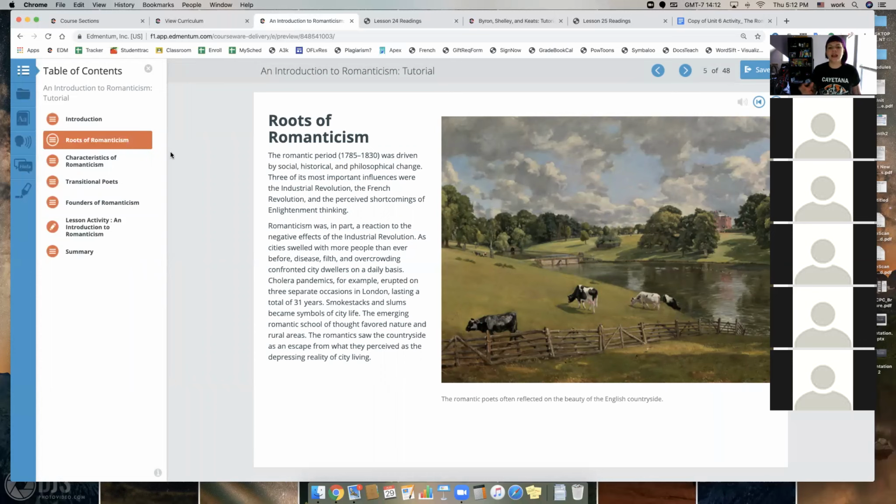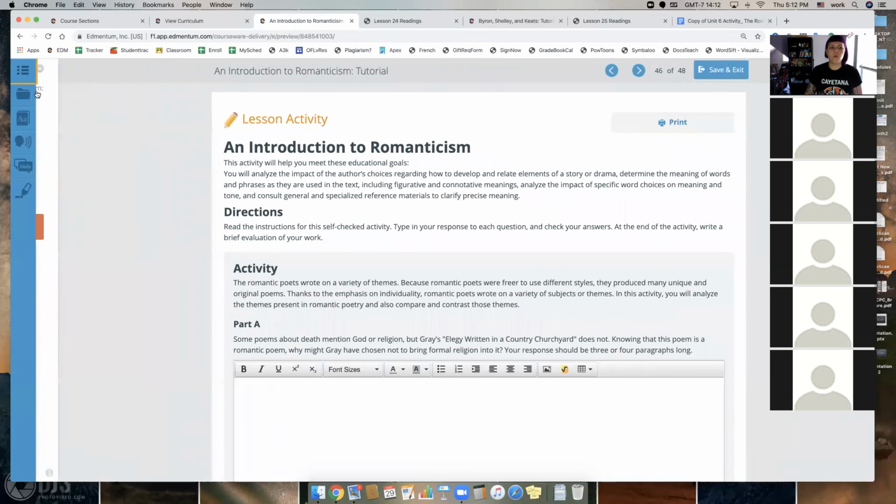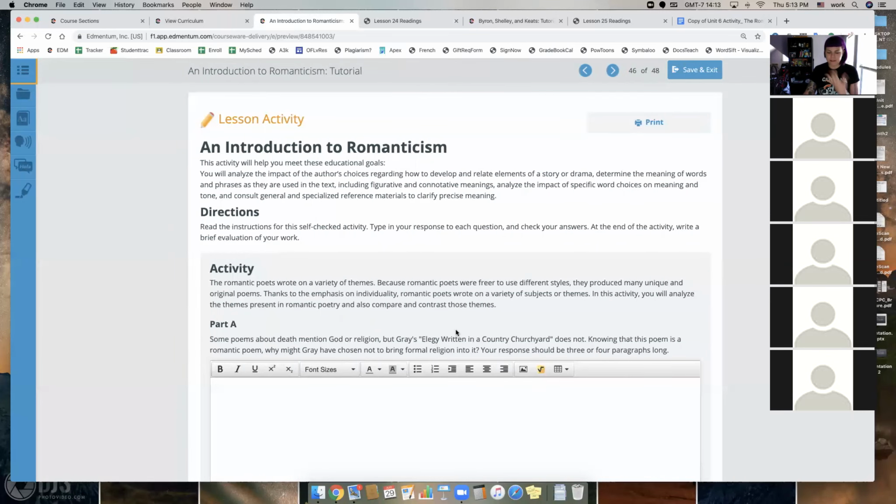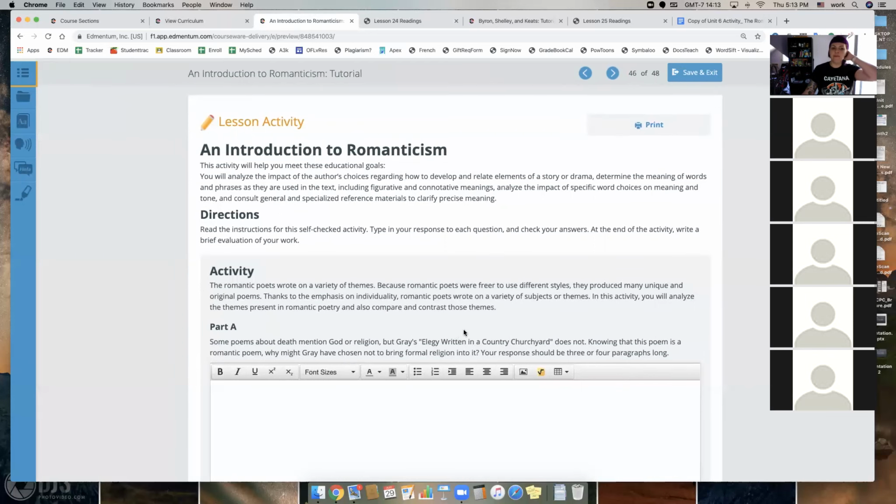So part of Romanticism is actually romanticizing nature and beauty in the natural world versus love romanticism. So that's just something that I want to make clear, because I remember when I was learning about this, I'm like, oh, how dumb, I don't want to read a bunch of romantic poems. And it's very different from that.